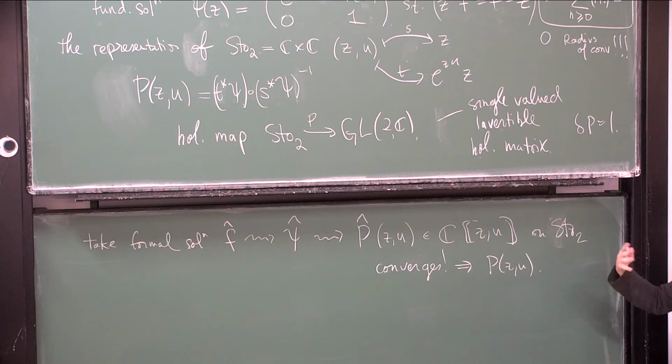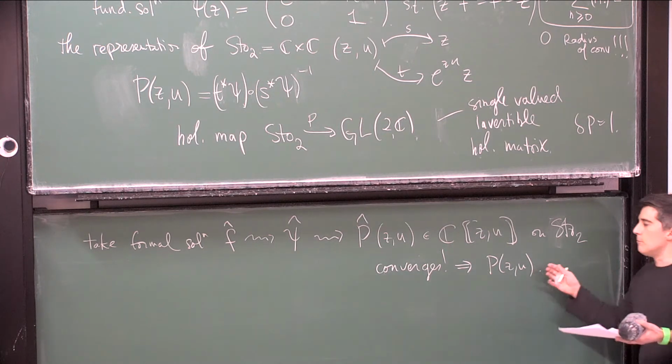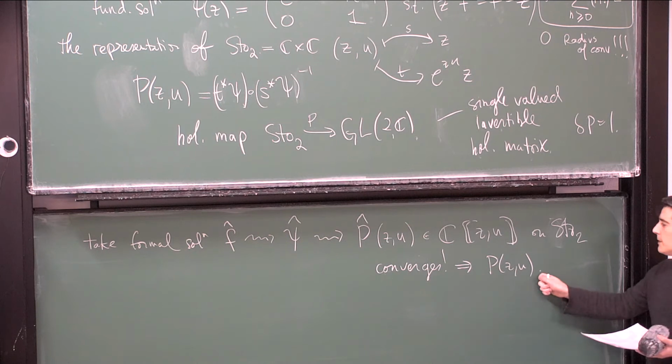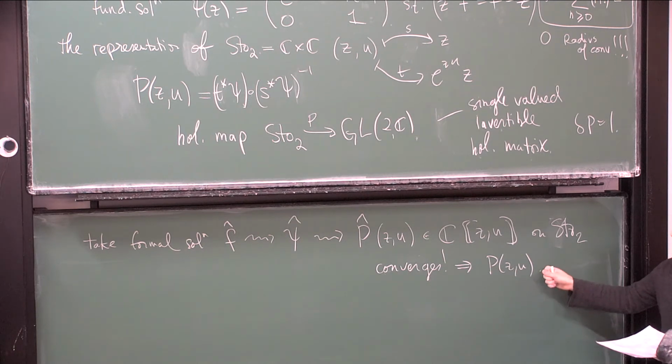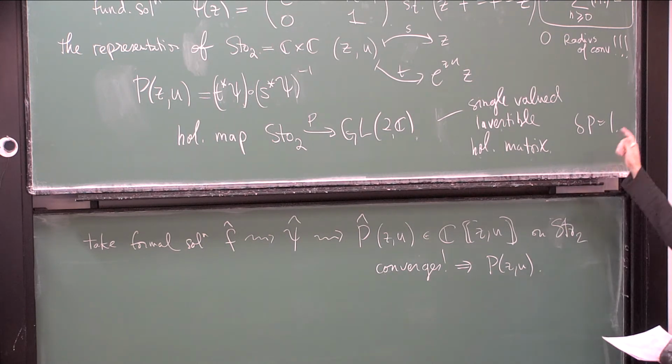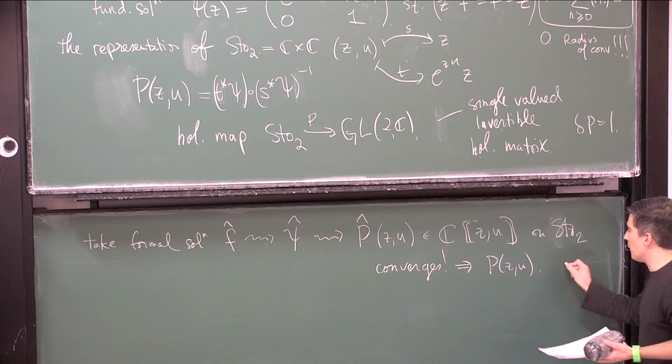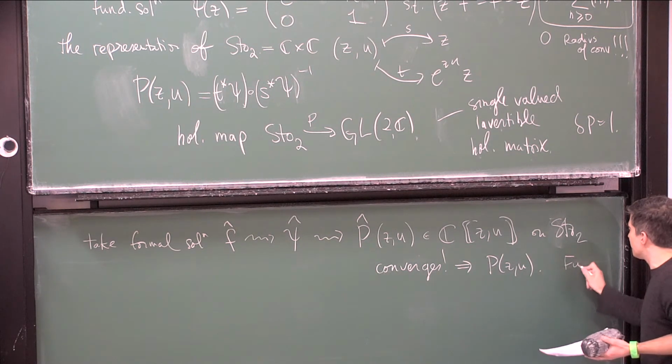This was one of the remarks in our Stokes Groupoids paper, which hasn't really been followed up, mostly because I don't really understand it that well, and no one else seems to understand it. But this seems to be a way of taking a formal solution and just snapping your fingers and resumming it. Who knows why it works? So I'll put this as a question for the future.